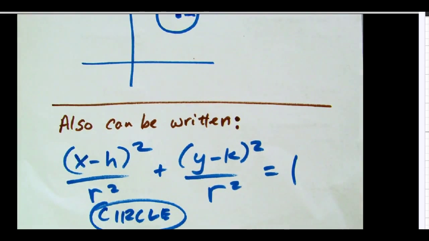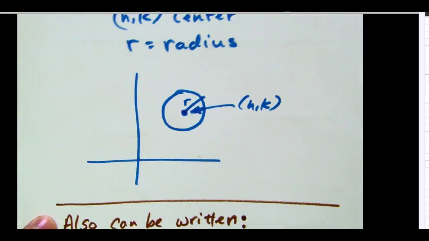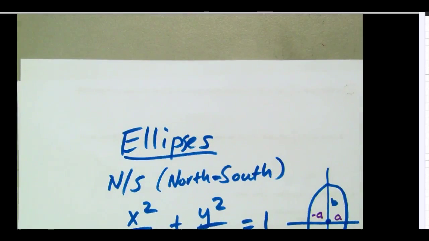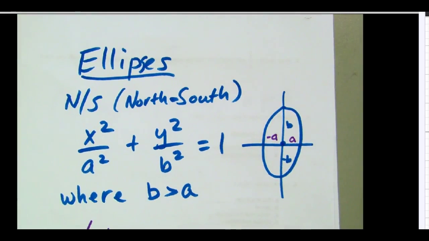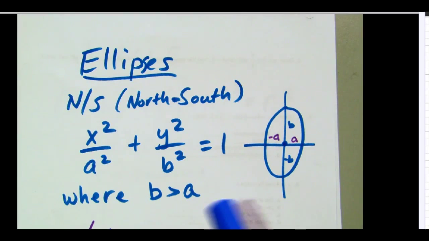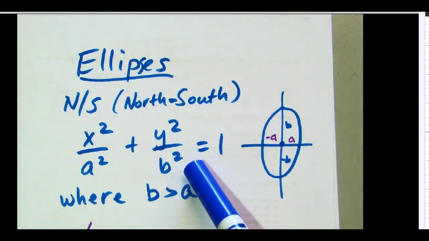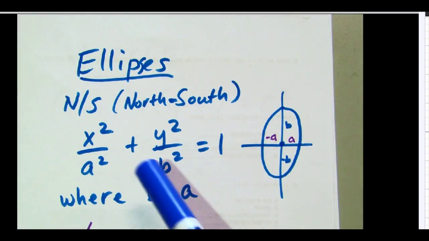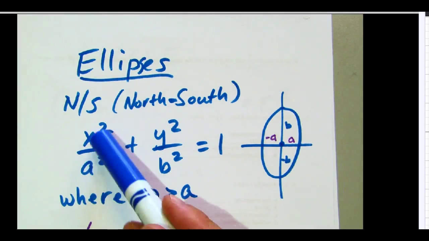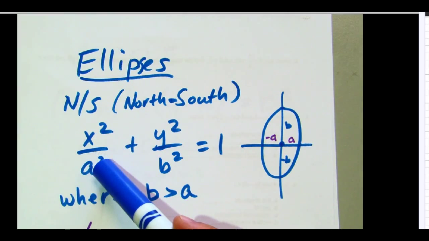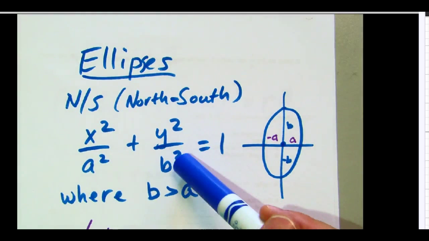Okay? Now the next one, so you filled that into that little spot on your note sheet. Your next one is going to be the ellipse. So here's the ellipse. If we go north-south, what happens now is that this is kind of the equation that I just showed you with the circle. However, on the x-axis, we're going to go a units out. On the y-axis, we're going to go b units out.